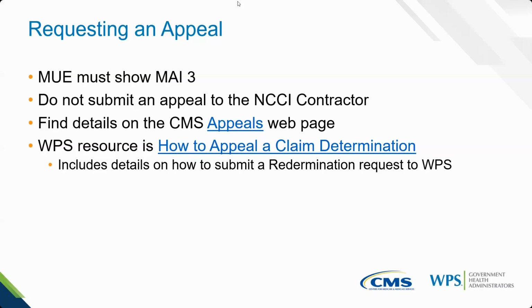So for example, if the MUE is 3 and you provided 5 services, your documentation would need to show that all 5 services were medically necessary and that 5 units of service is correct. You would submit 3 units of service on one line, and then 2 units of service on another line. During claims adjudication, because of that MUE edit and that MAI 3, the excess units of service will deny, and you will need to appeal the additional 2 units of service.